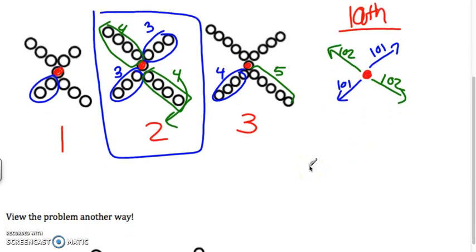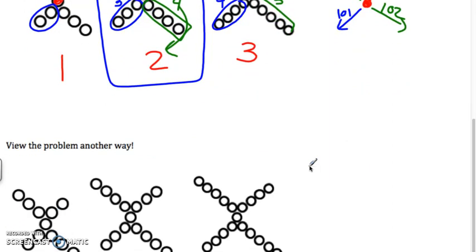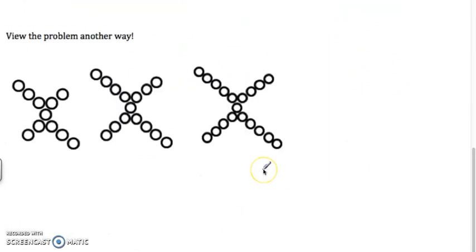We're going to look at it a different way to help us understand. Another way you could look at this problem is notice that there are 5 in every single figure. Okay? So in the 100th figure, those 5 circles are still going to be there.